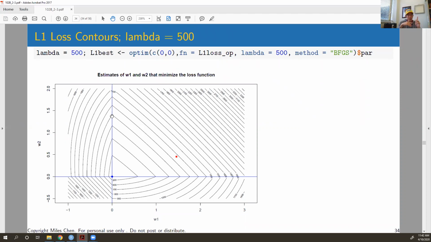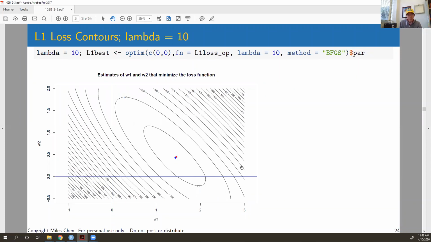Let's say W1 and W2 add up to 10. If W1 is 0, W2 is 10. If W1 is 10, W2 is 0. Everything along that diagonal line, like W1 and W2 equal to 5, or W1 equals 6 and W2 equals 4, will have the equivalent value as far as the sum goes.